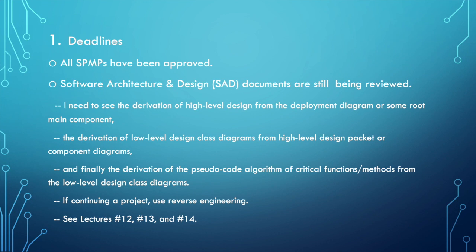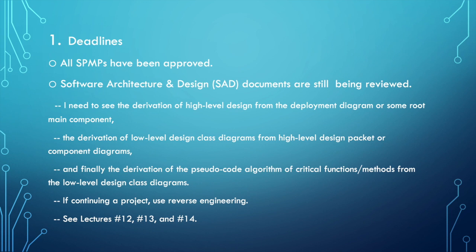That's okay. And then you begin your top-down design from the beginning, either deployment diagram or a root main component. And then you derive the low-level design from the high-level package or component diagrams.